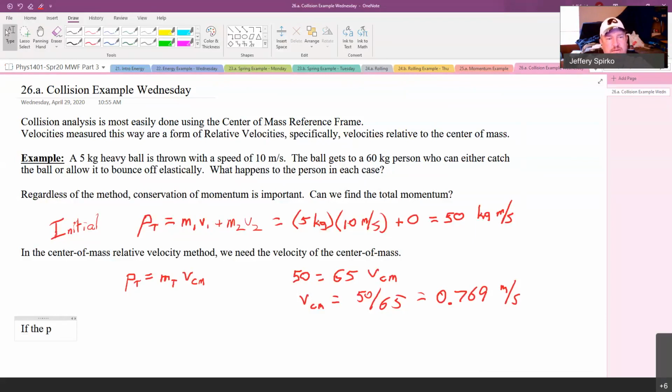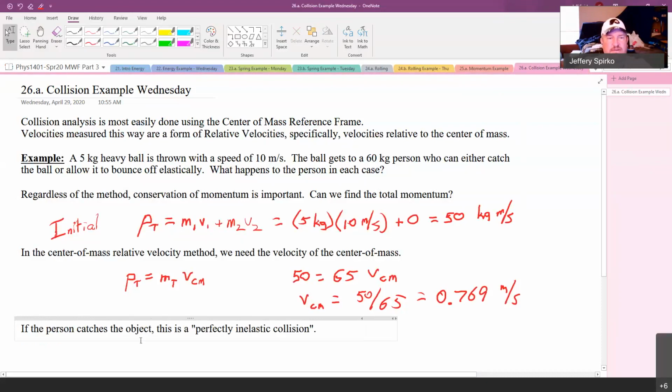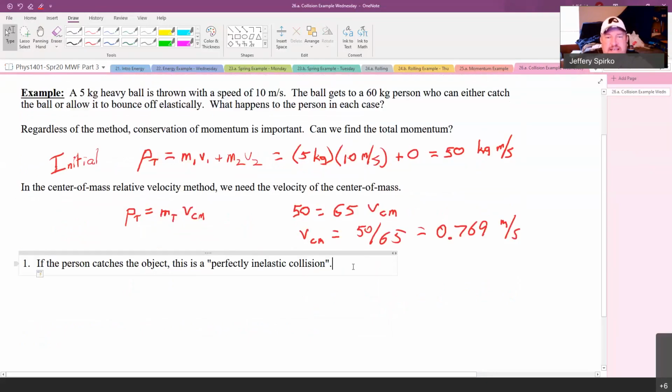Now, in the first case, if the person catches the object, this is something called a perfectly inelastic collision. And in that case, both objects have the same velocity.